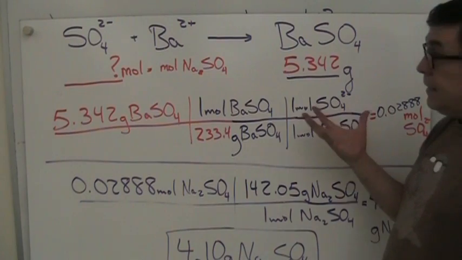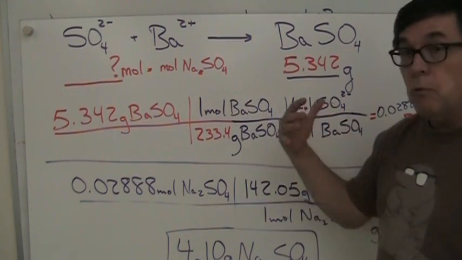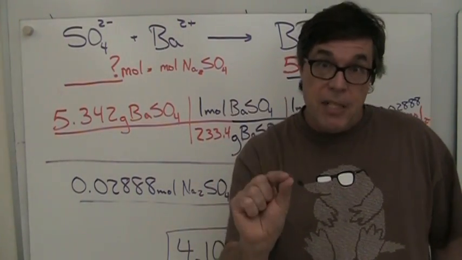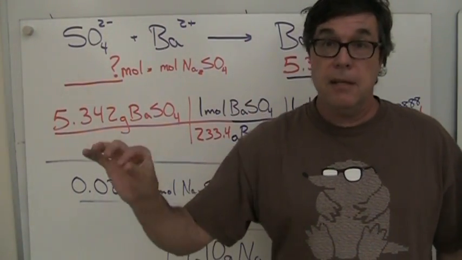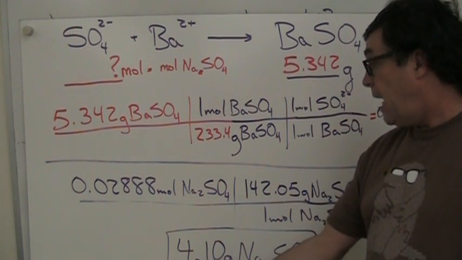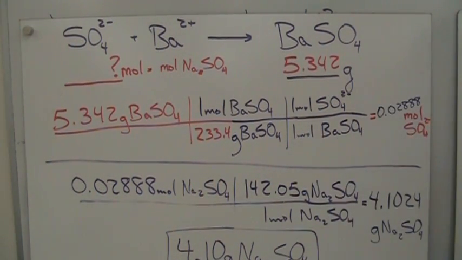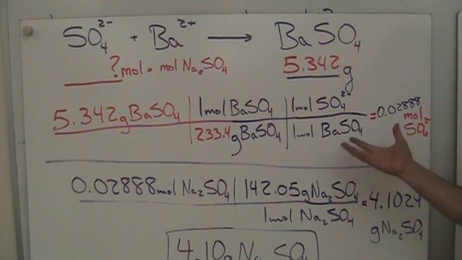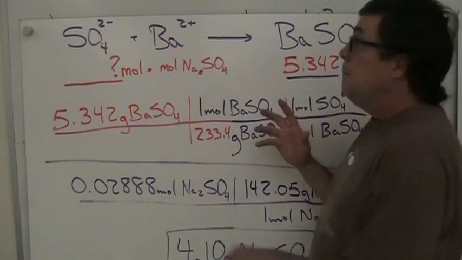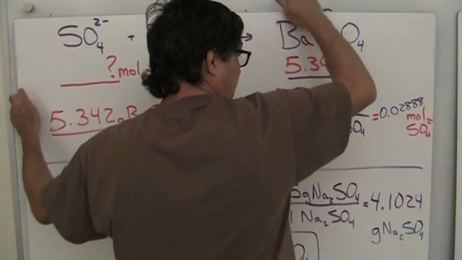Now I'm going to go back and look at my original problem, and you remember there was 25.0 grams in our original sample, so we had 3 significant digits. We're going to put our answer here in 3 significant digits. So that's the answer to the first question. This is the grams of sodium sulfate in the original mixture that we were analyzing.